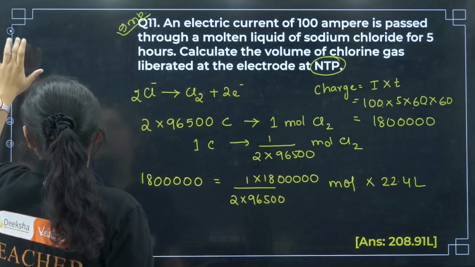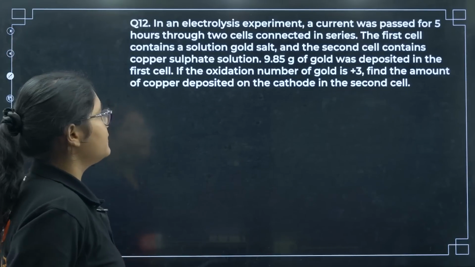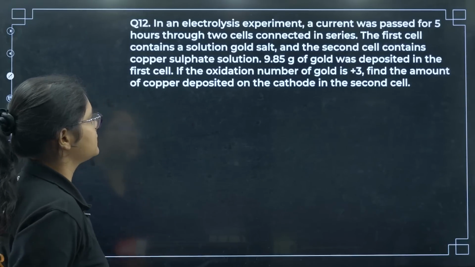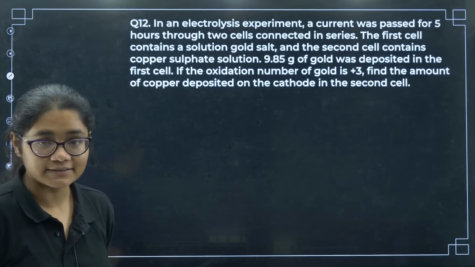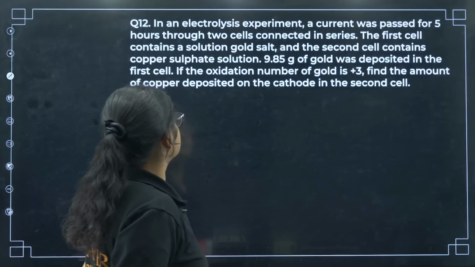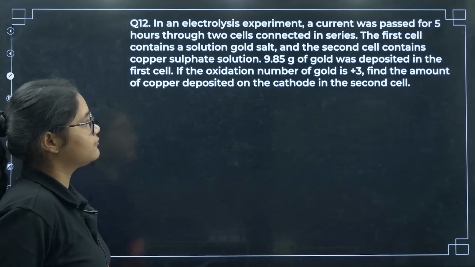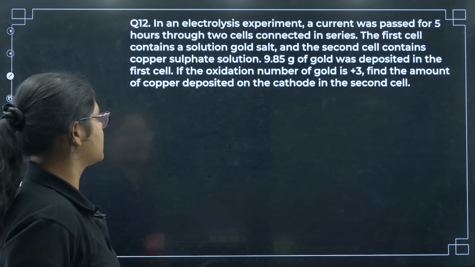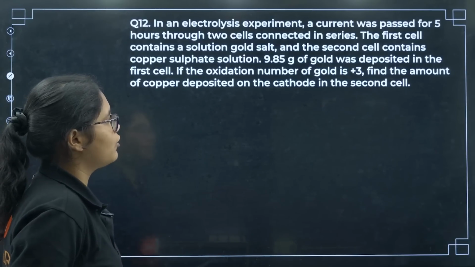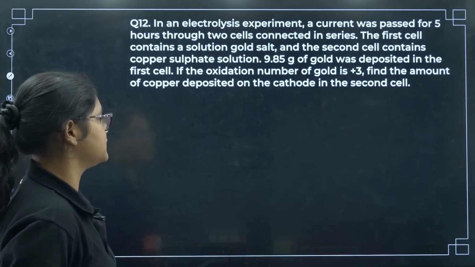Okay. Next, question number 12. In an electrolysis experiment, a current was passed for 5 hours through 2 cells connected in series. So this is a question from Faraday's second law. The first cell contains a solution of gold salt and the second cell contains a copper sulfate solution. 9.85 gram of gold was deposited in the first cell.